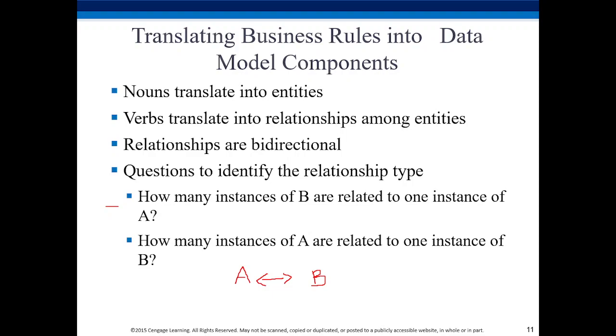So only one teacher is related to multiple instances of B. We cannot say that one class is handled by many teachers. Usually in the business rule, only one teacher handles the class, but a teacher can handle many classes.